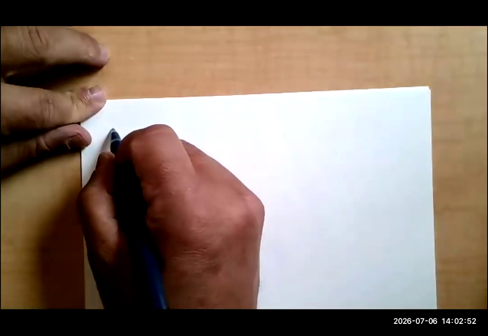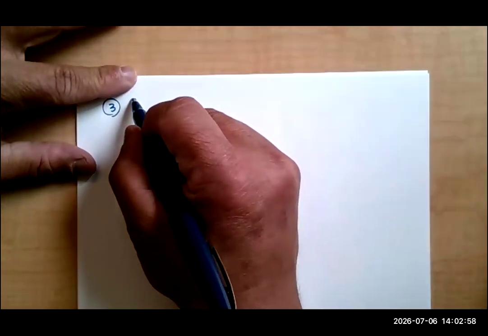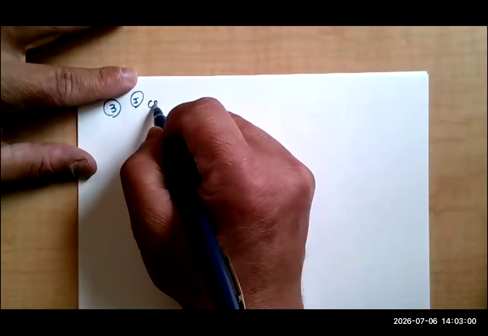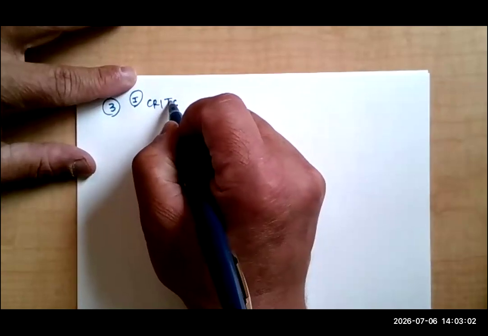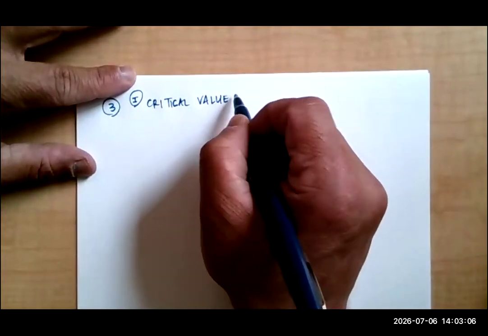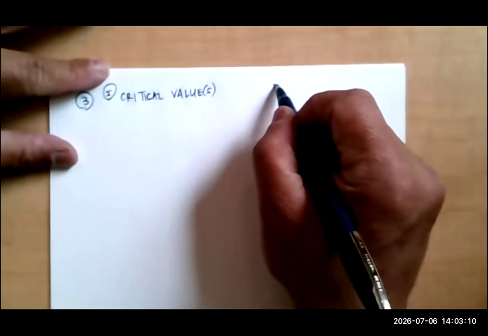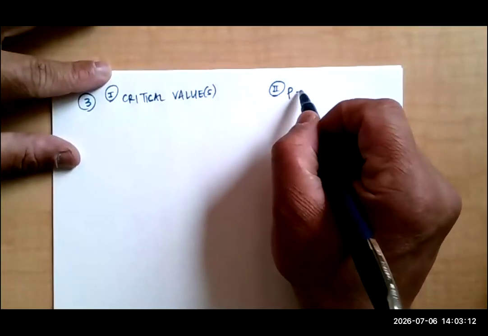All right, so then once we get that test statistic, now we're going to start talking about this kind of comparison. And so we have two options. Option one, using critical values. Or option two, p-value.